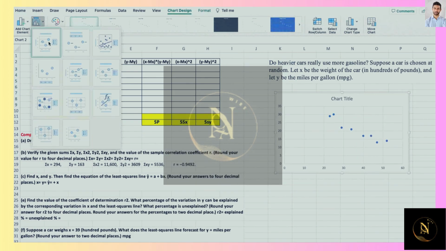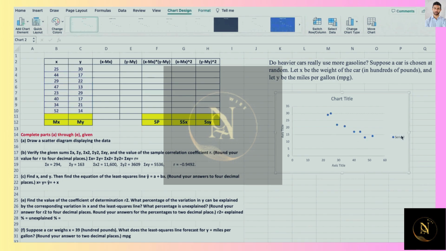And I'm going to make sure that I have titles. So my X is the weight of the car, and that is in hundreds of pounds, and my Y is in miles per gallon, and that is in mpg.